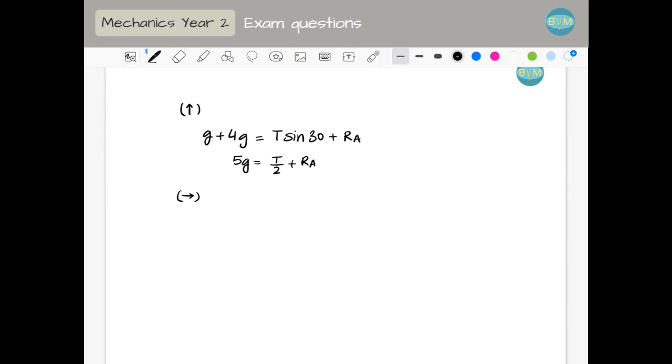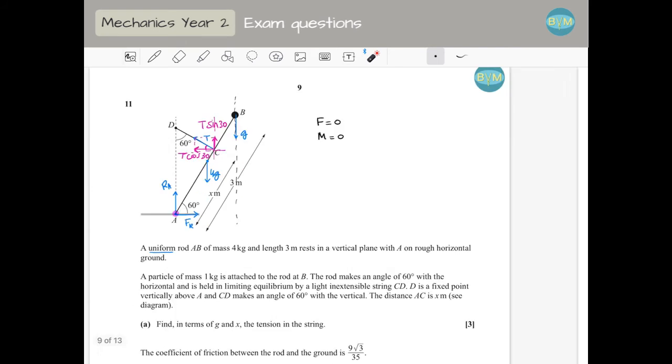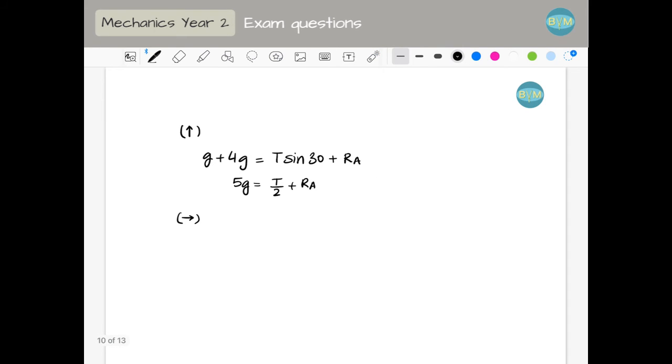If we resolve horizontally, the force pointing right is going to be equal to the force pointing left. So friction to the right is going to be t cos 30. But we know that the thing is in limiting equilibrium, the rod, which means the friction is mu times the normal reaction.